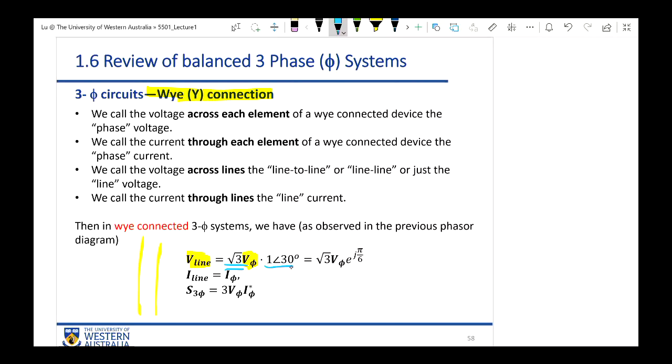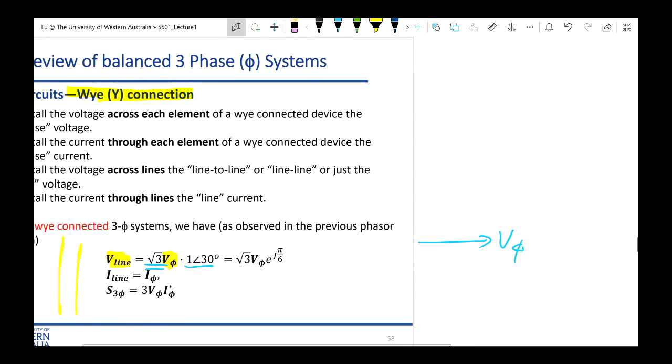This 30 degrees means leading angle. Or in other words, if this is our phase voltage, V phi, for a single phase in the three-phase power system, the line voltage will be leading. Leading means 30 degrees greater.